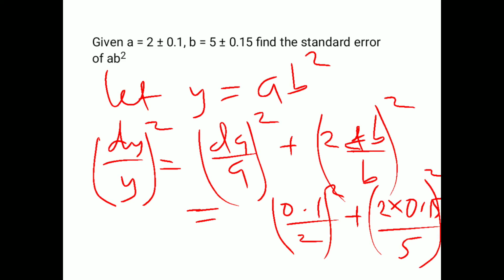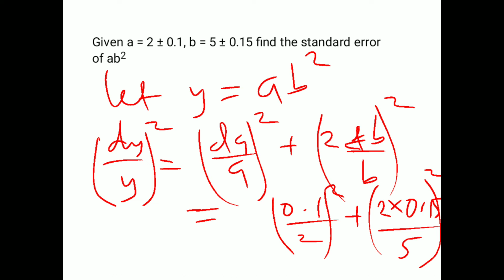Now, if we use our calculator, we are going to have 0.1 divided by 2 all squared, then plus 2 times 0.15 divided by 5, then all squared, okay?